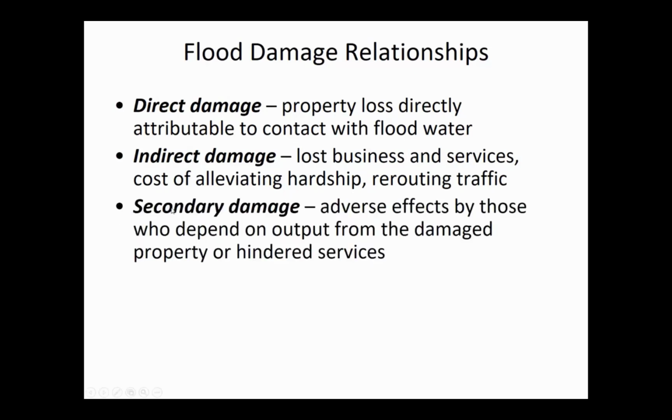Secondary damage is the adverse effects on people who depend on output from a certain area. You may know Alcon on Route 2. It's on the left side as you're driving northbound on Route 2, adjacent to the Ohio River. If the Ohio River got really high and Alcon was flooded, then people who depend on whatever's happening there would be affected.